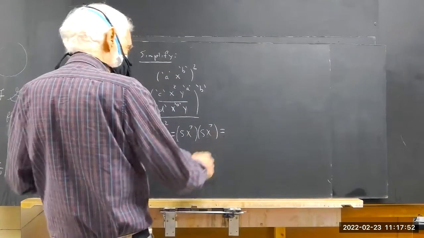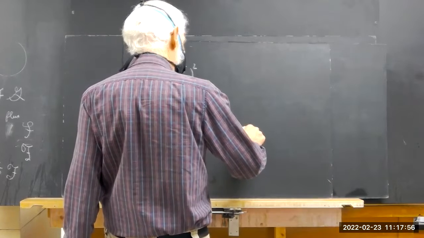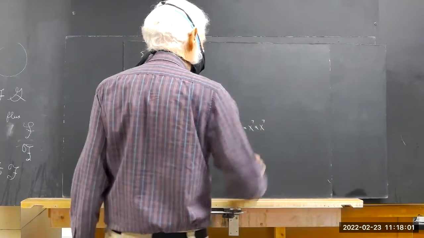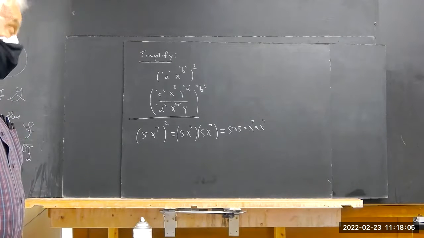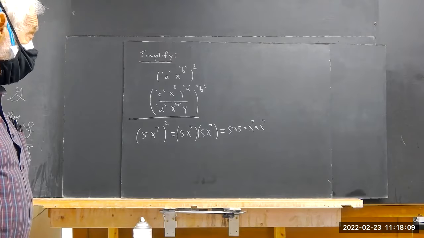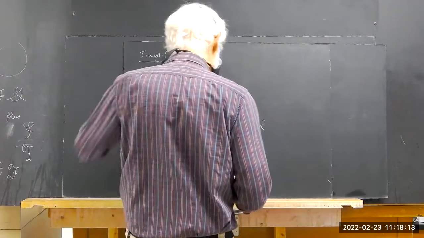This is just straight multiplication, so you can rearrange it: 5 times 5 times x to the 7th times x to the 7th. Right? Should we use a smaller exponent for the x?